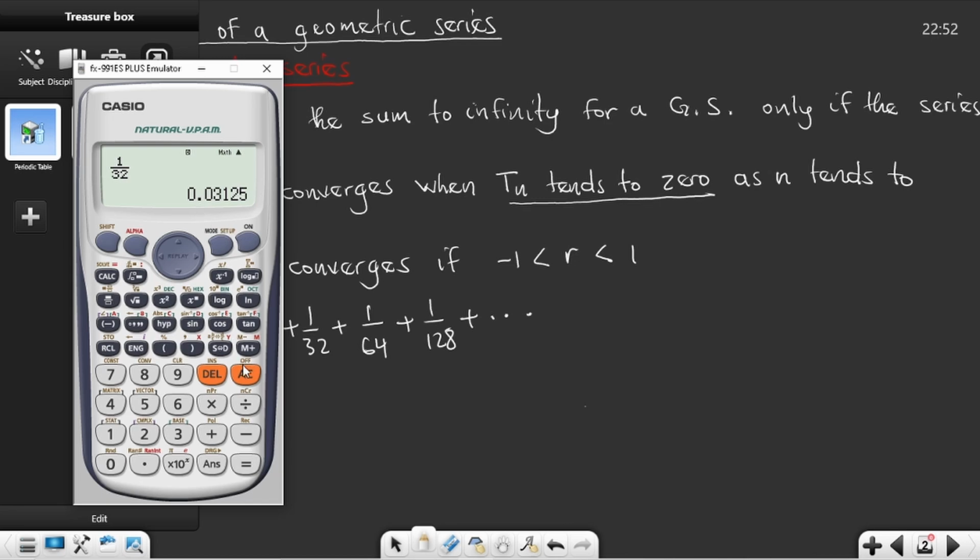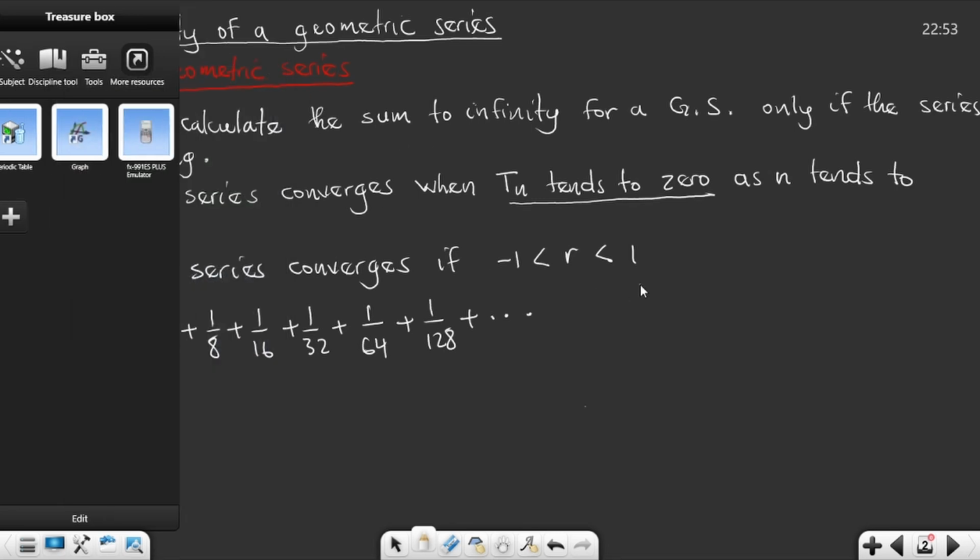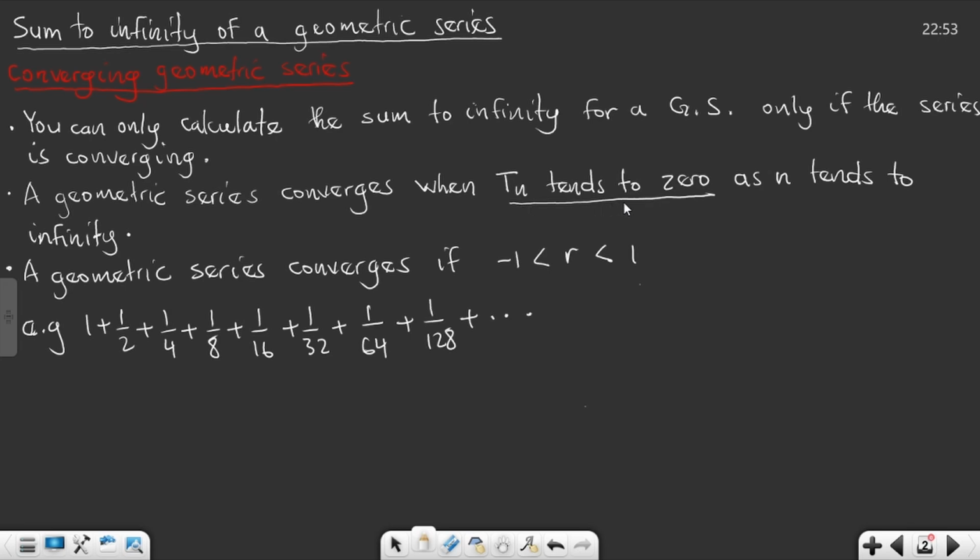When you check the next term, which is 1/64, let me press this to get the decimal. You can see the value gets even smaller. So the value is approaching 0. That's why we said that Tn tends to 0. So Tn is approaching 0.